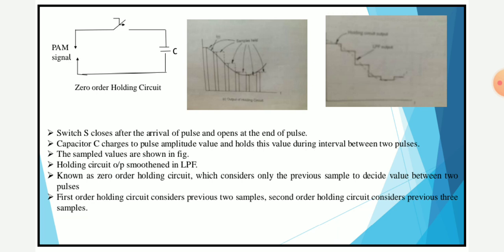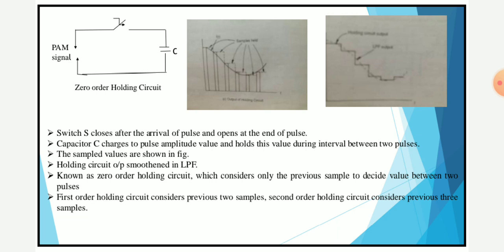Once the second pulse cycle starts, again the switch closes and the signal starts passing. Charging and discharging of the circuit takes place. This holding circuit output may not be smooth, so it can be smoothed by passing the output through the low pass filter.